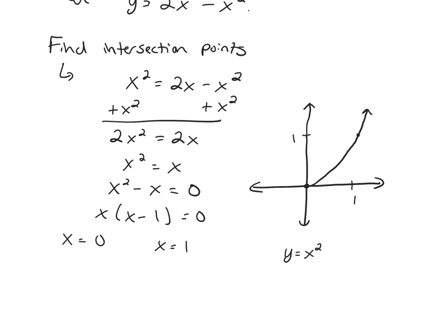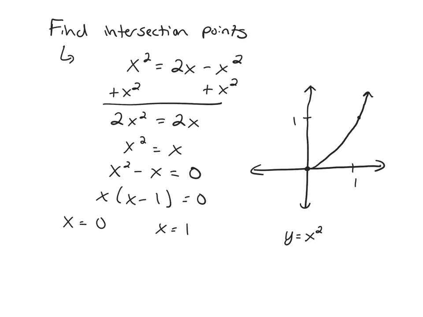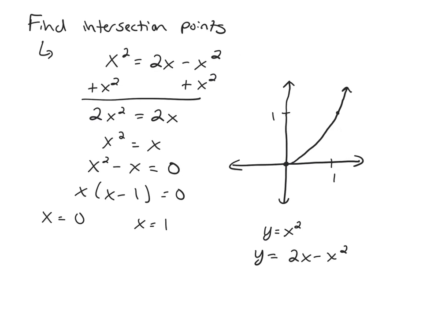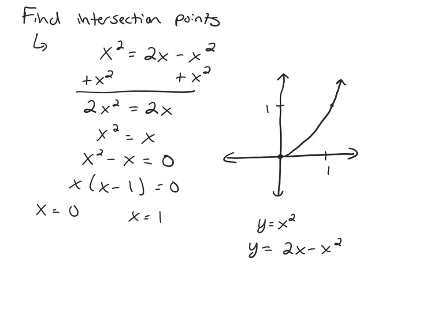And then my other equation was y equals 2x minus x squared. I know that two points on this new graph have to be these two points at x equals 0 and x equals 1, because my two curves intersect there.